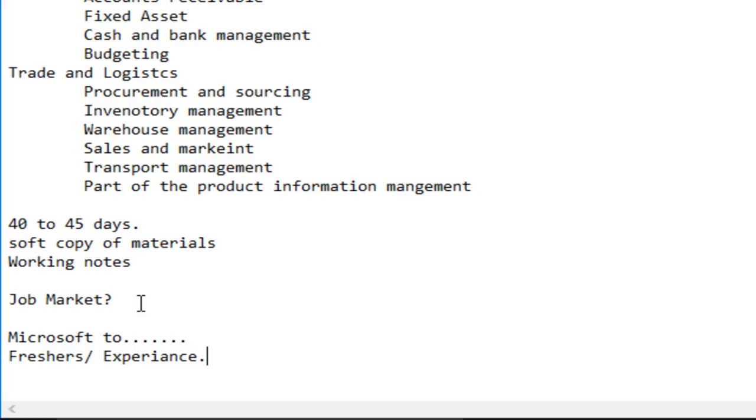Okay, so that will be helpful for you to get into that. But those who want to go as experienced candidates, it is very important that you focus and practice rigorously. You must be an expert in AX.